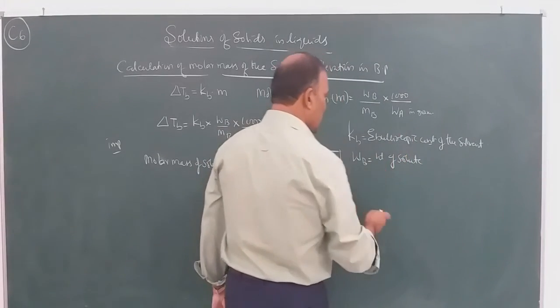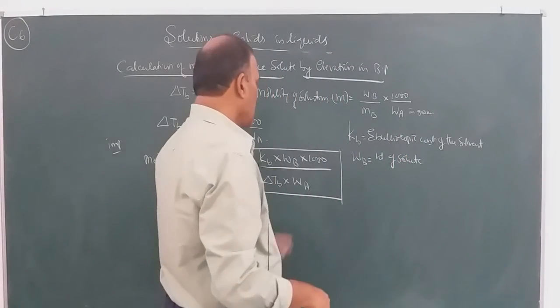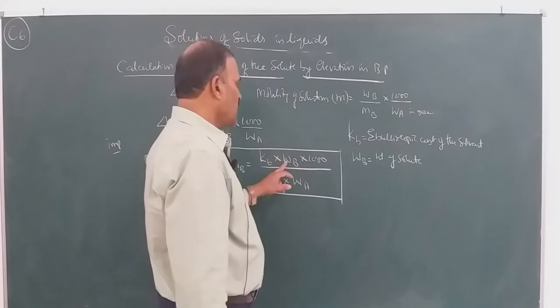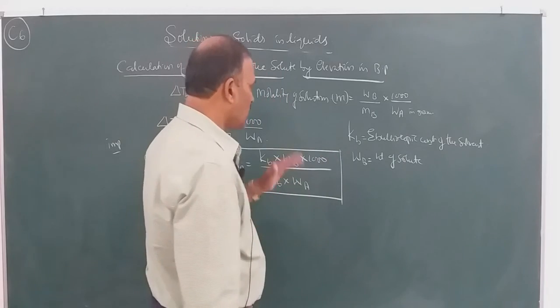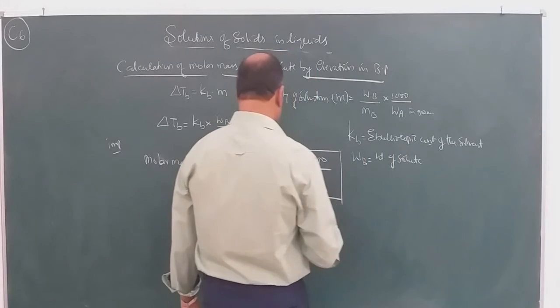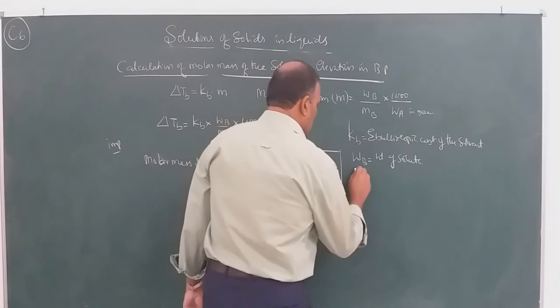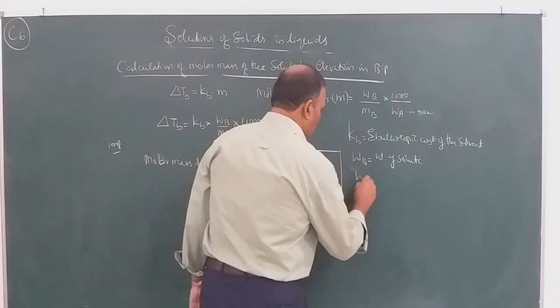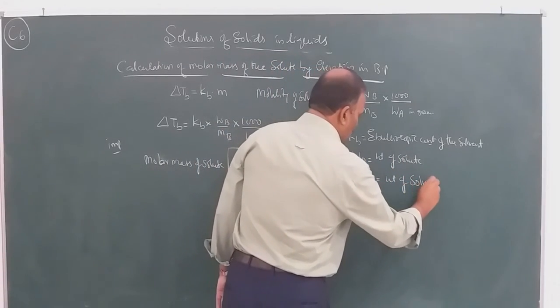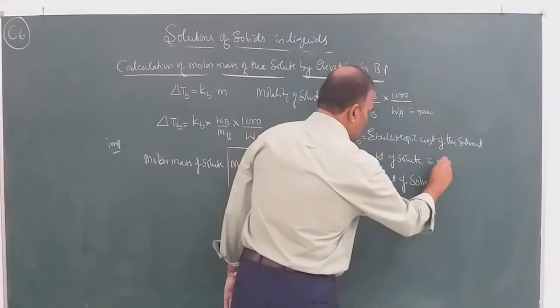Here B always means solute, A always means solvent, W means weight, M means molecular weight. WB equals weight of solute, and WA equals weight of solvent, all in grams.